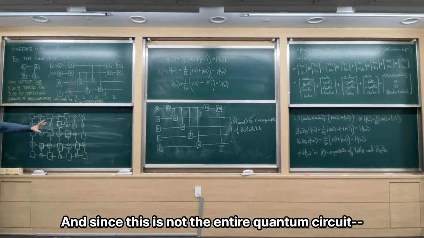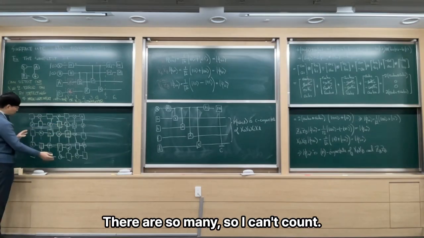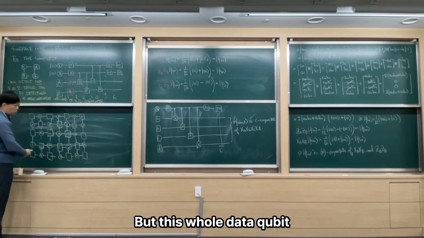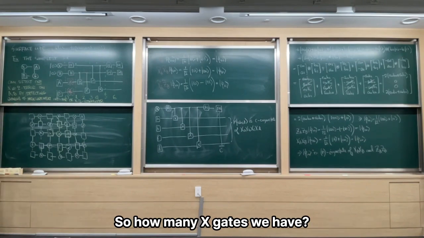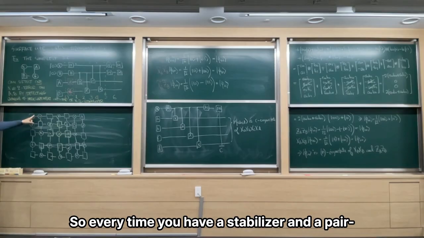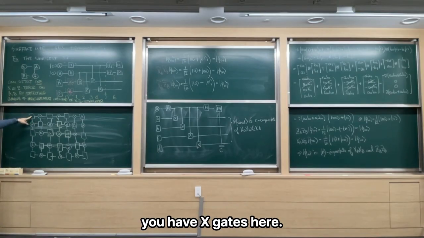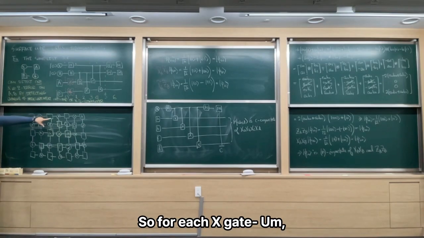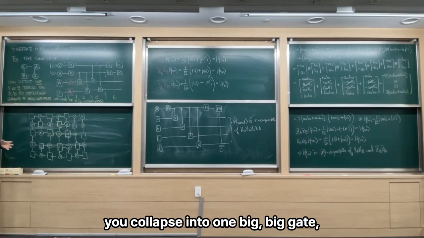Since this is not the entire quantum circuit, we have to look at it as a whole. How many data qubits are there? There are so many I can't count, but the whole set of data qubits is stabilized, or collapsed, into an eigenstate of these big gates. Every time you have a stabilizer paired with other data qubits, you have an X gate here. For each X gate and each Z gate, you collapse into one big gate.